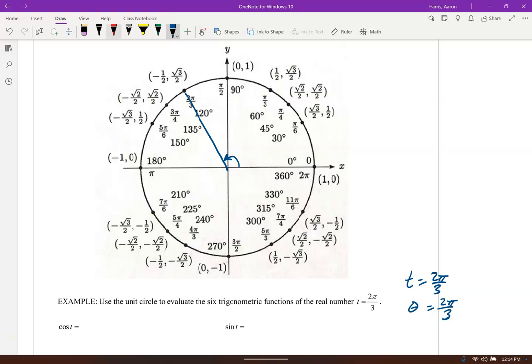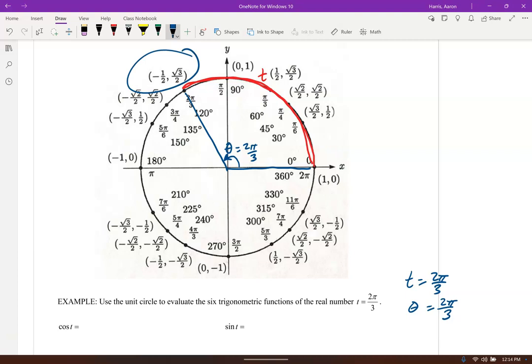This t right here is the same as my theta being 2 pi thirds. So it's a rotation around. And I end up right there.